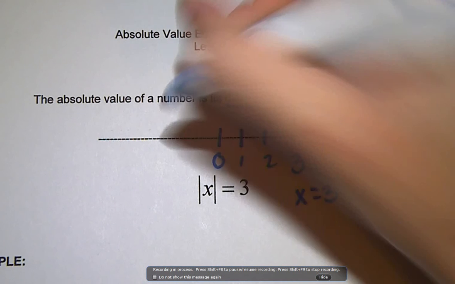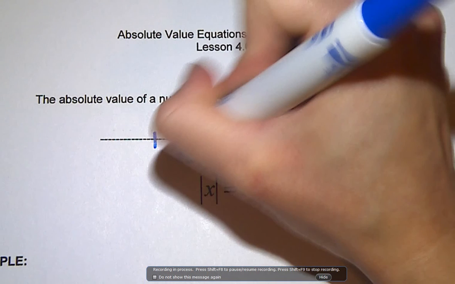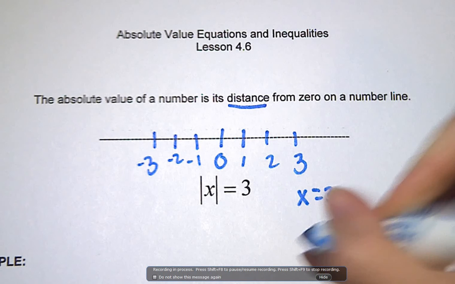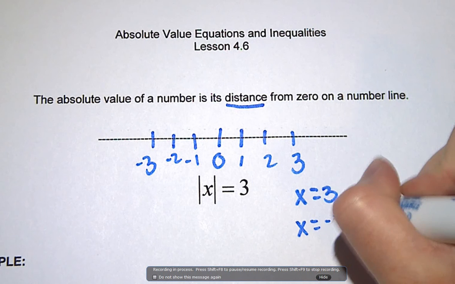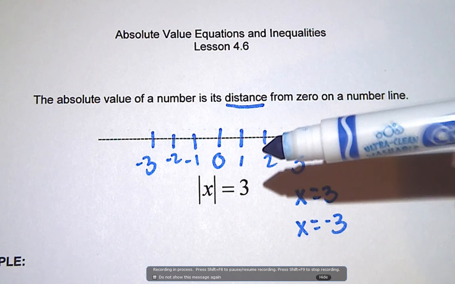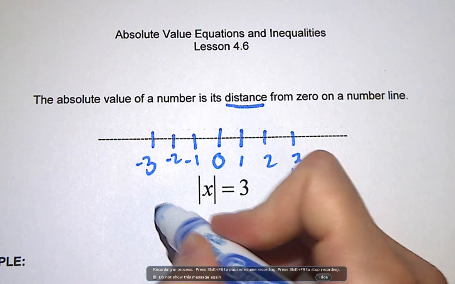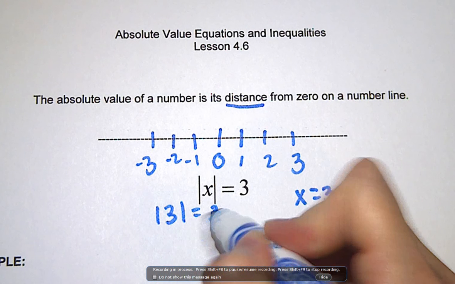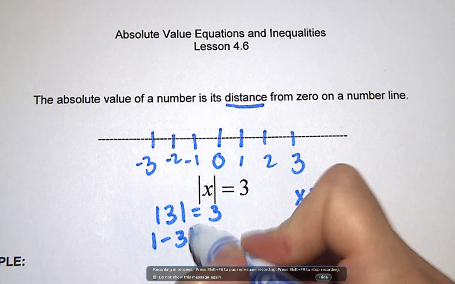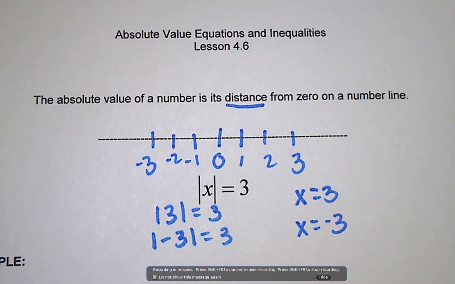But I also go the other way: -1, -2, -3. So -3 is also a solution because -3 is 3 away from 0. I could put 3 in, and the absolute value of 3 is 3, but the absolute value of -3 is also 3. So those would be my two solutions.